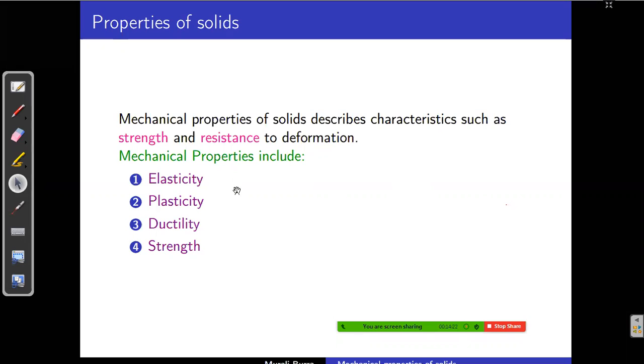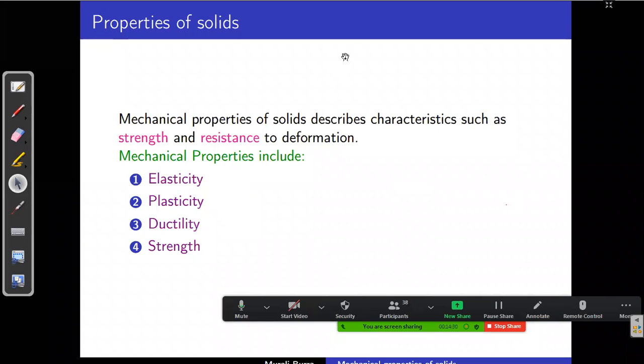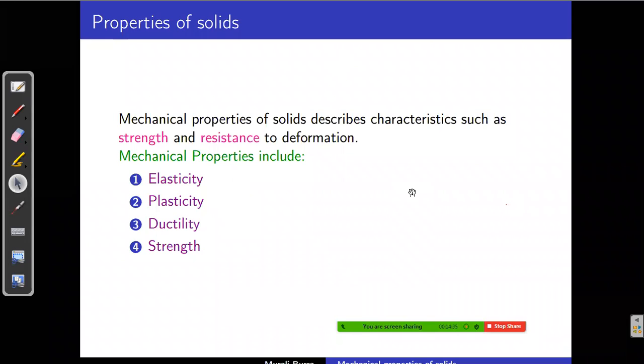Now, what does elasticity mean? The better example we come across is a rubber band. We can pull it and it regains its original shape automatically. That property existing in the rubber band material is called elasticity, which is one of the mechanical properties.